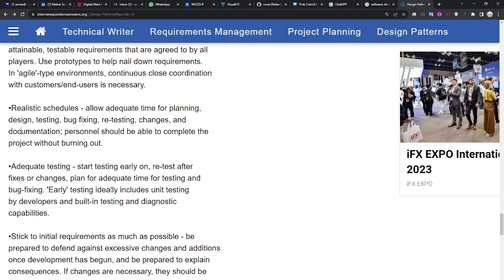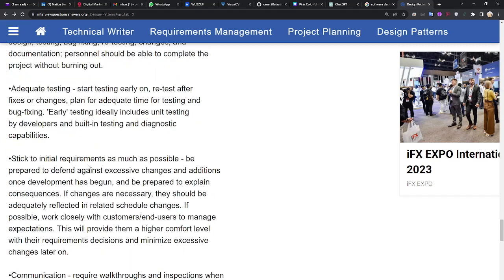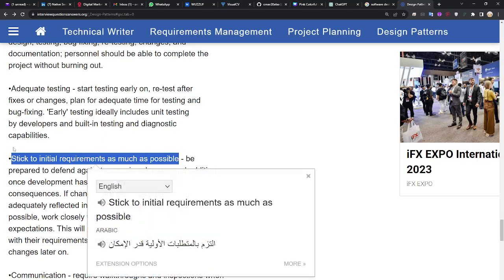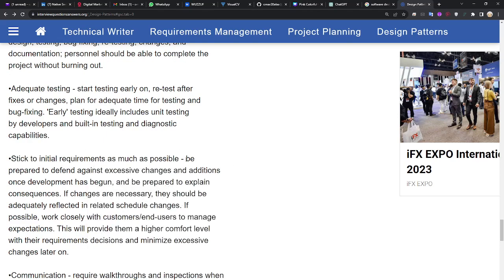Plan for adequate time for testing and bug fixing. Early testing ideally includes unit tests by developers and built-in test and diagnostic capabilities. Stick to initial requirements as much as possible. التزم بالمتطلبات الأولية على قدر الإمكان.